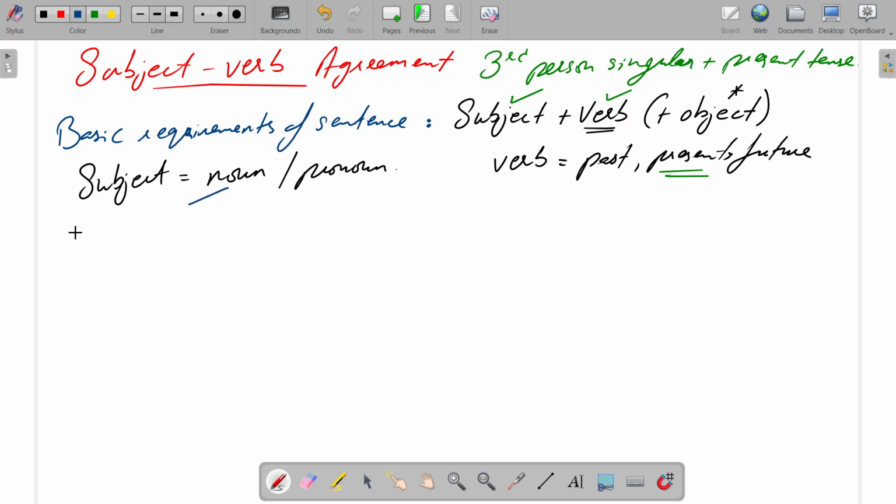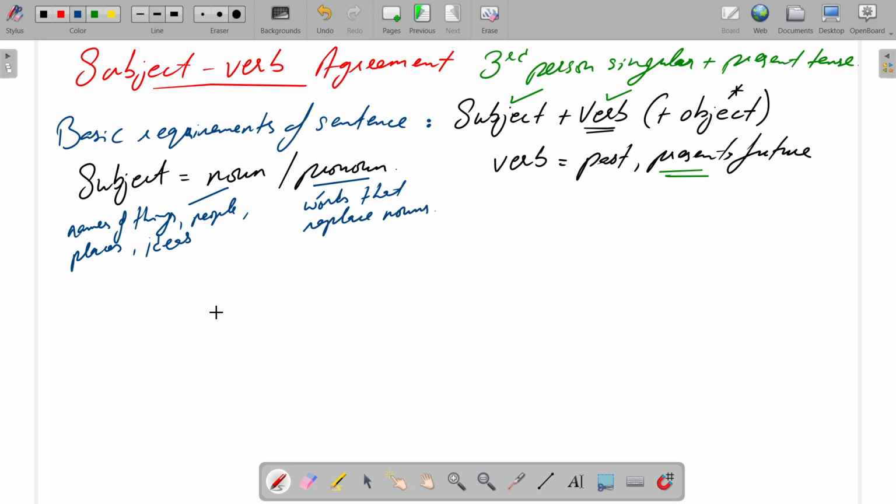Nouns are names of things, people, places, ideas, right? And pronouns are words that replace nouns, right? Like he, she, they, we, us, I.